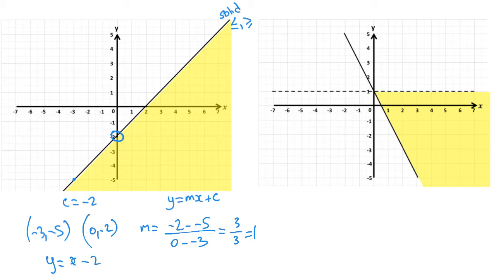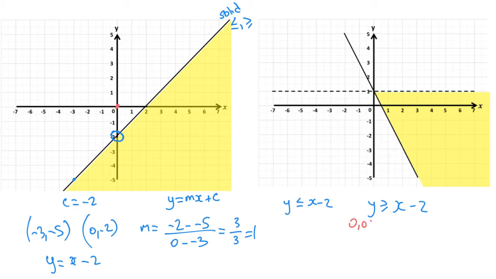But because it's an inequality, that means we've got y is less than or equal to x minus 2, or y is more than or equal to x minus 2. So what we need to do then is pick a point on the unshaded side. So this time I'm going to pick 0, 0 just for convenience.